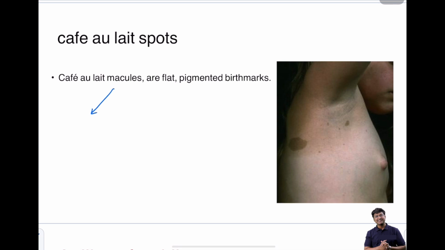In prepubertal individuals, the number should definitely be 6 or more, but the diameter should be 5 mm in prepubertal individuals, whereas the dimension should be 15 mm in post-pubertal individuals. So this is about the café-au-lait spots.